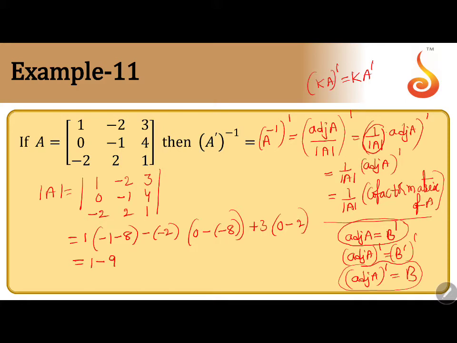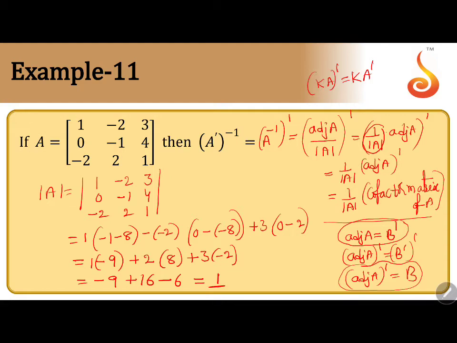That gives minus 9 plus 16 minus 6, which is 7 minus 6, 1. So det A is equal to 1.